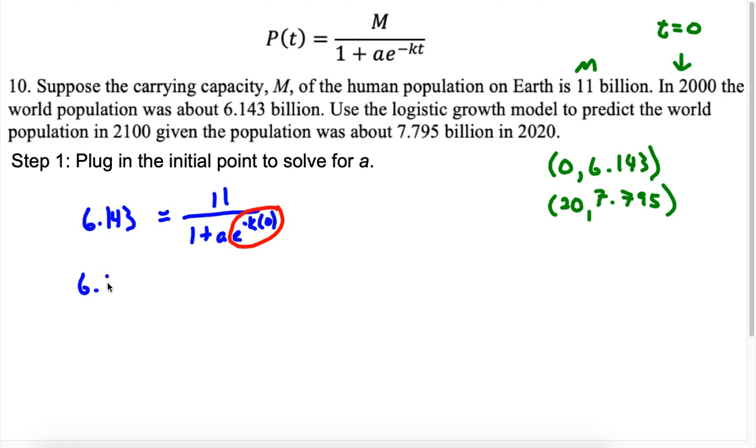So this is just going to become 6.143 equals 11 over 1 plus a, right? Then I can multiply both sides by 1 plus a. Then I'll go ahead and divide both sides by 6.143.